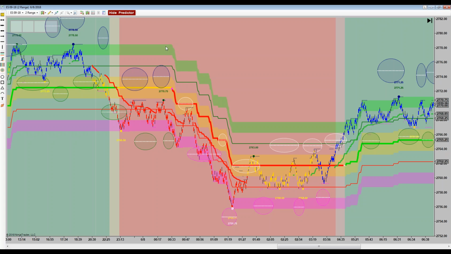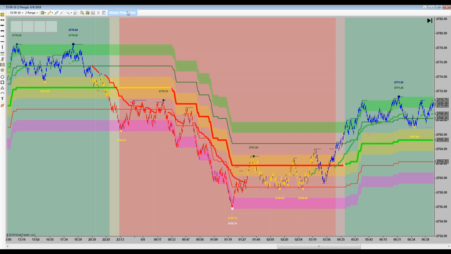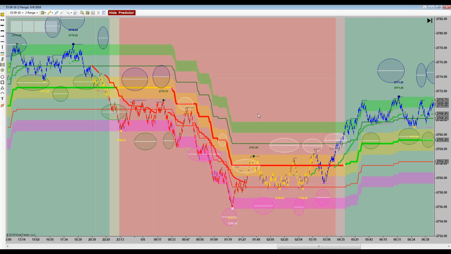So for instance, some of the scripts are the background colors, the bar colors, the mid band with all the bands above it, 4 above it, 4 below it. The predictors, which are support and resistance in real time, toggle those on and off, just like such. For now, I'll leave them on.